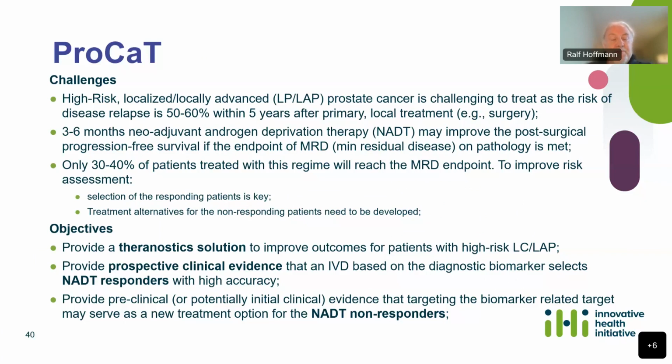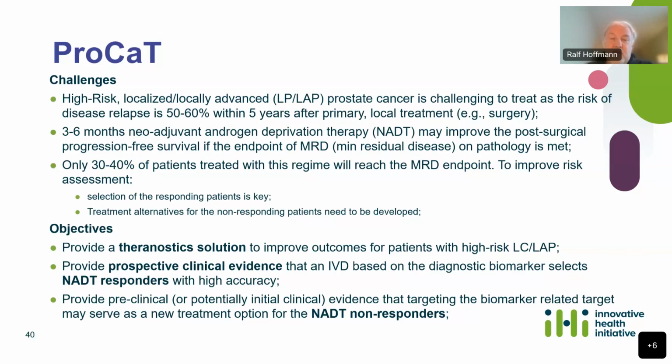And an approach that has been tested already a lot in the past, which we also do for other cancers, which is giving a few months of neoadjuvant, in this case anti-androgens, has been tested in multiple trials, but has initially failed to show efficiency to improve the outcome of these patients.